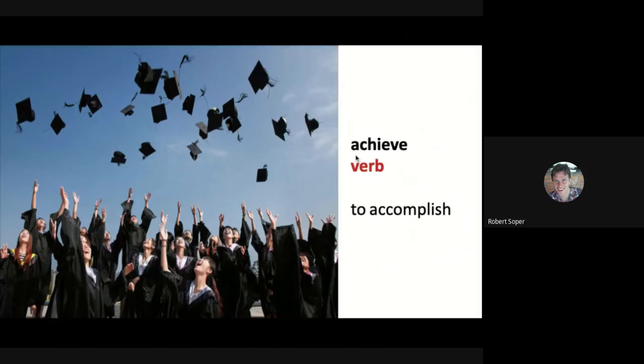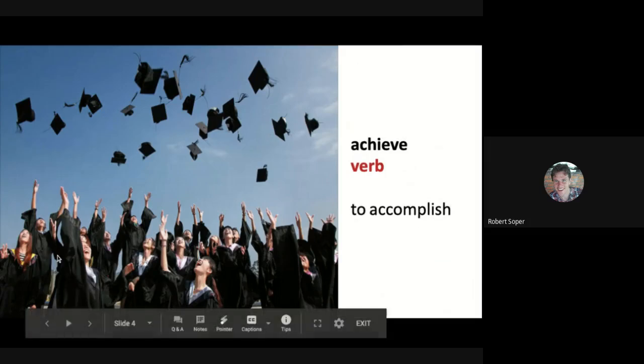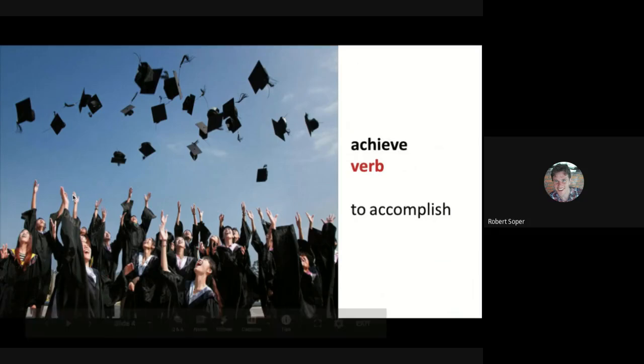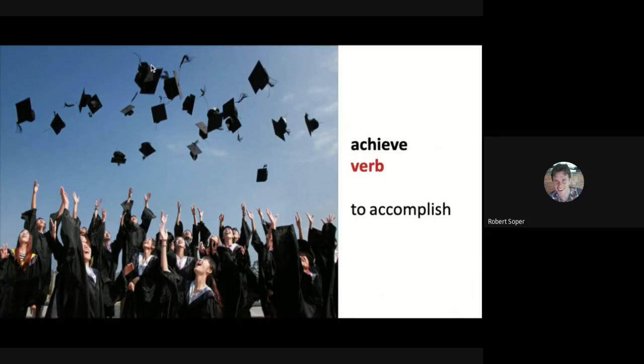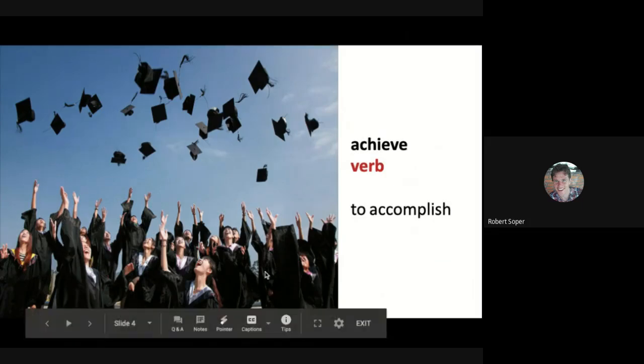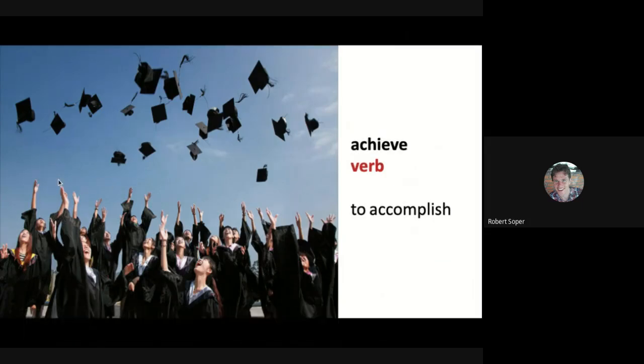This word is achieve. Achieve. Achieve is a verb. It means to accomplish. Over here we have a group of, it looks like, university students throwing their hats up in the air. And this is commonly done after they achieve their degree or they graduate.